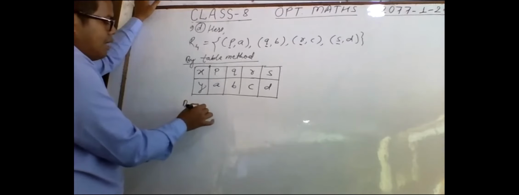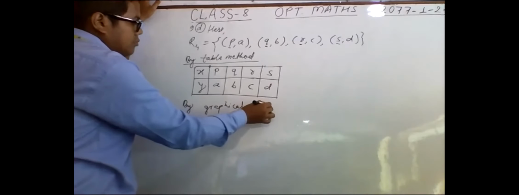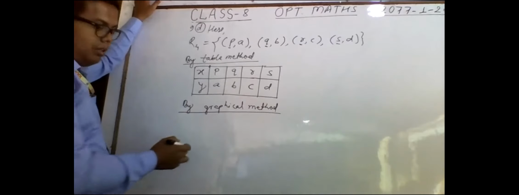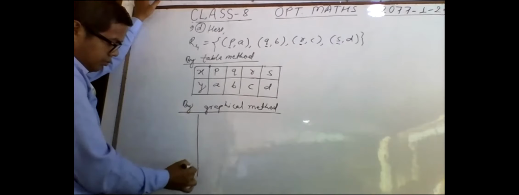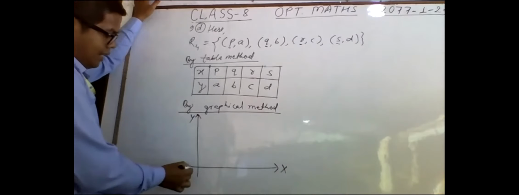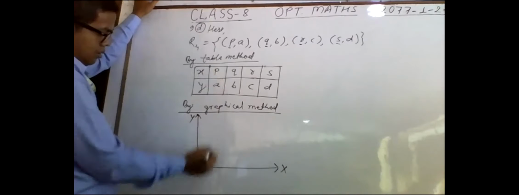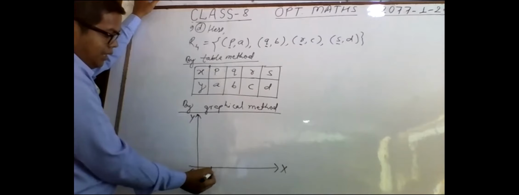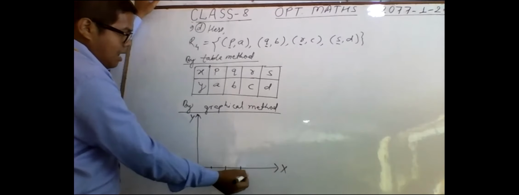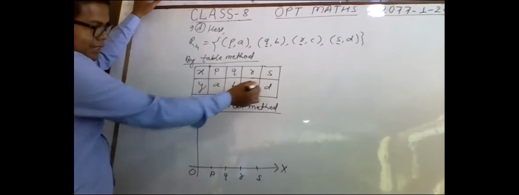Similarly, by graphical method, there is X, there is Y, here we put the 0 origin. Now, the first number, right here P, X component, second ma Q, third ma R, the fourth ma S. Similarly, Y component ma ABCD like this only.